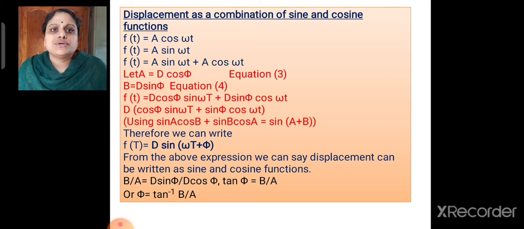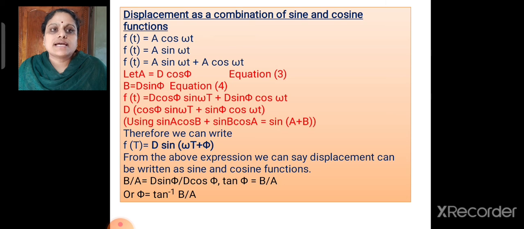If we substitute a equals d cos phi and b equals d sin phi, then f(t) takes the form d cos phi sin omega t plus d sin phi cos omega t, which can be written as d (cos phi sin omega t + sin phi cos omega t).